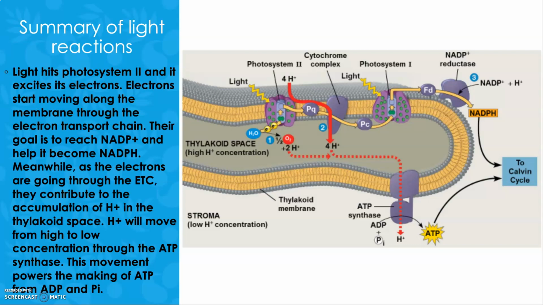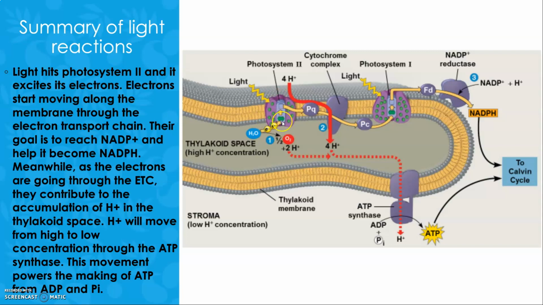So the light reactions are obviously a very complex part of photosynthesis. They occur in the thylakoids, more specifically in the membrane of the thylakoid. Okay? So what happens? Light hits photosystem 2 and it excites its electrons. This photosystem, it's just a protein.